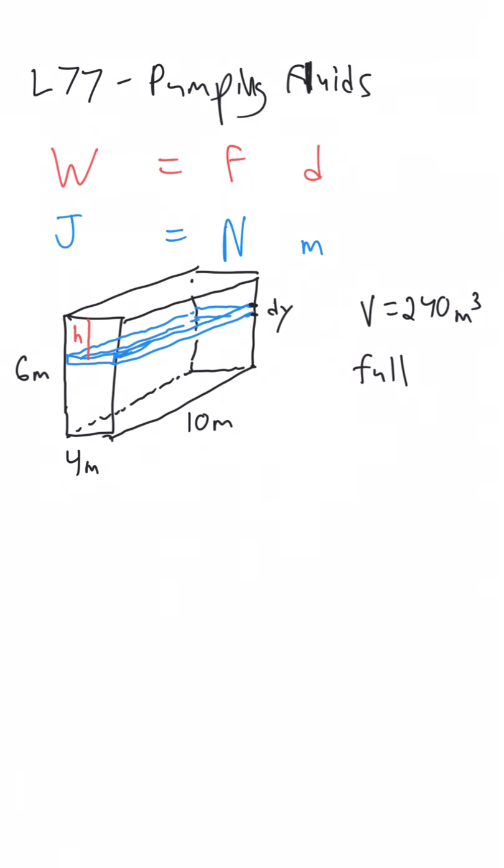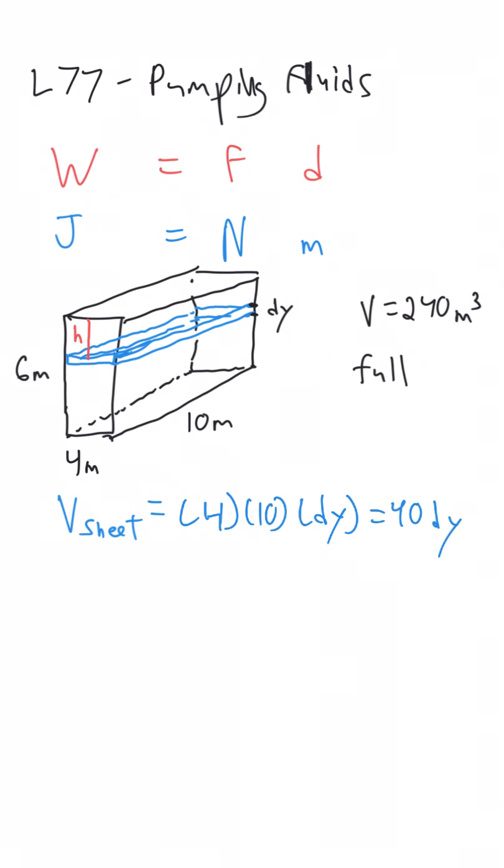First, let's consider the sheet of water. What's the volume of the sheet of water? Well, the volume of that sheet of water is going to be 4 times 10 times dy, or 40 dy. Now, if I wanted to calculate the weight of that sheet, do you remember this from lesson 74?